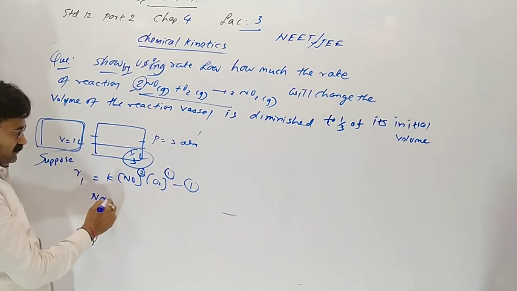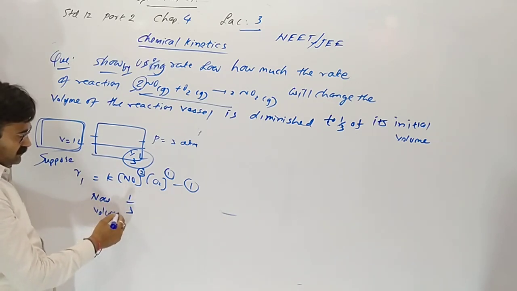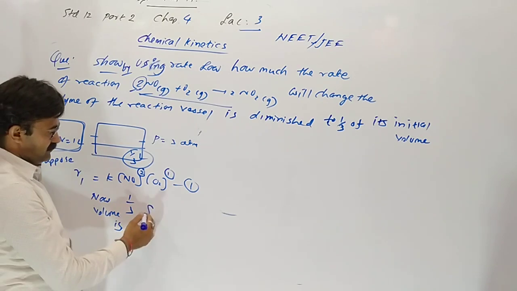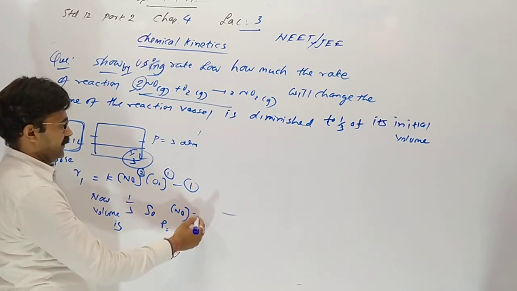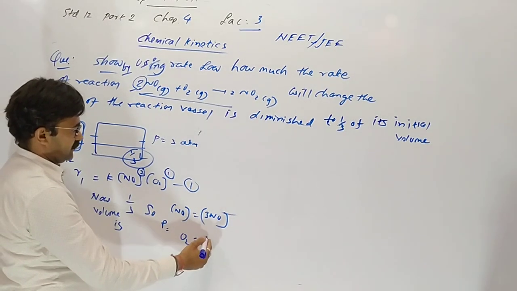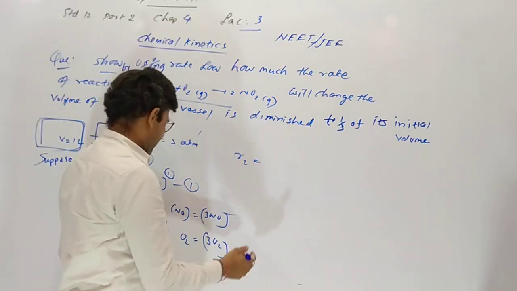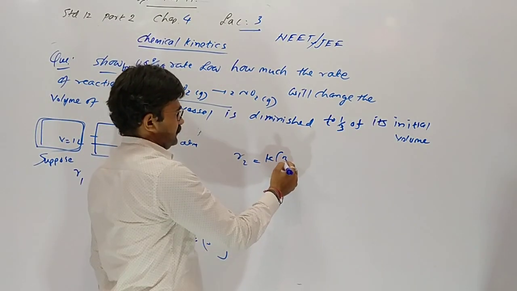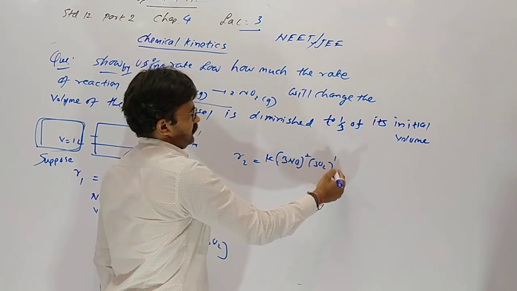Now the volume is 1/3, so the pressure of NO will be 3 times more, and of O2 also 3 times more. So rate equal to K, 3 NO raised to square and 3 O2 raised to 1.